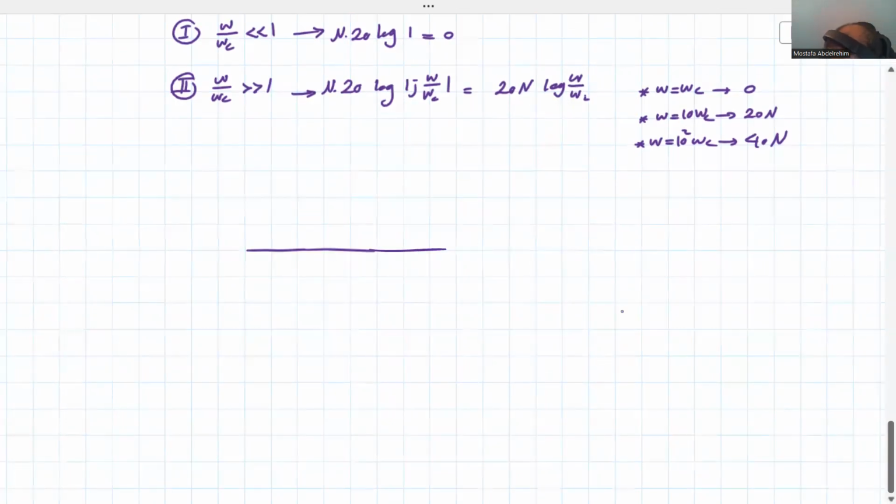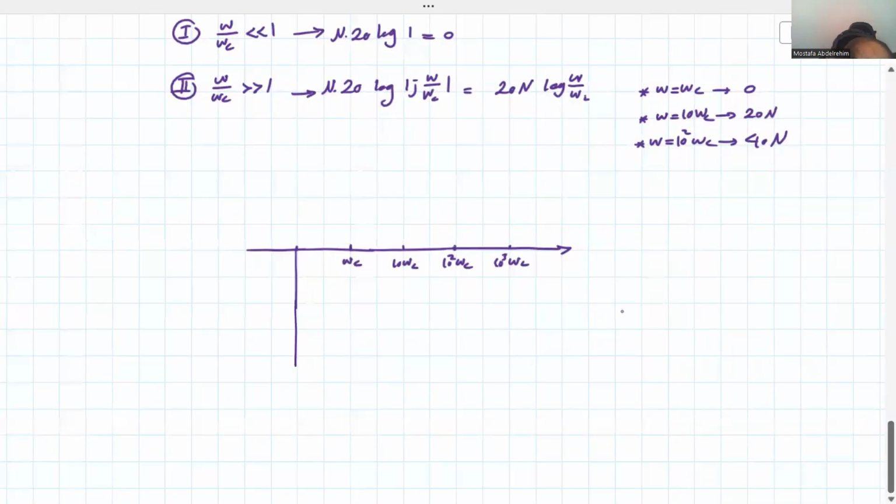Let's do this quickly here. We don't need many points. Let's assume this is omega c, then 10 omega c, 100 omega c, and this is 1000 omega c. And that's our y-axis here: 20, 40, that's enough, and minus 20, minus 40, in decibels, of course.